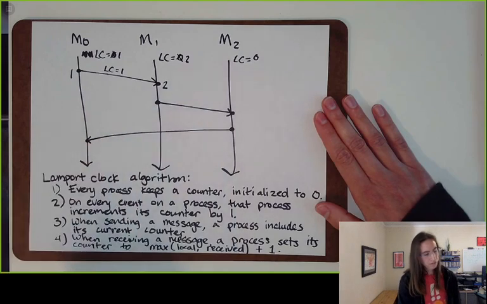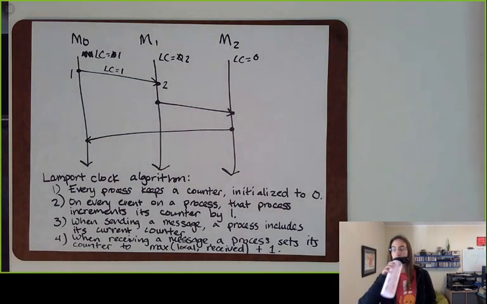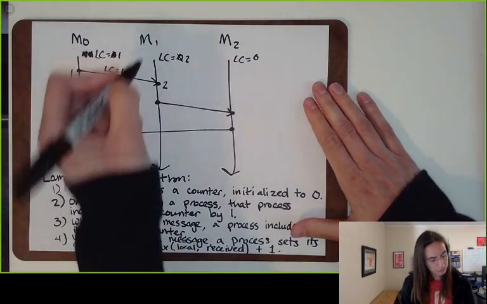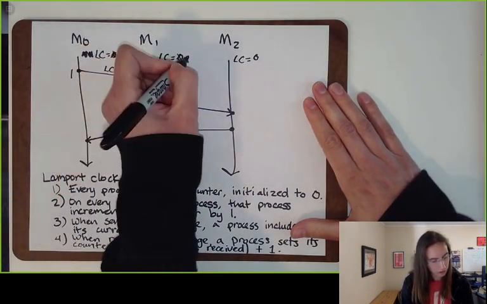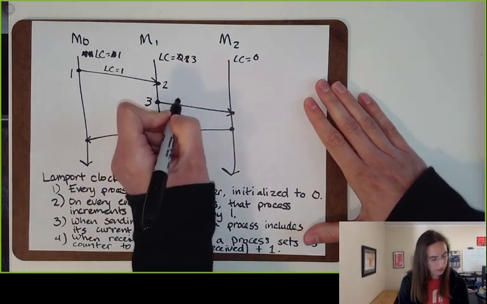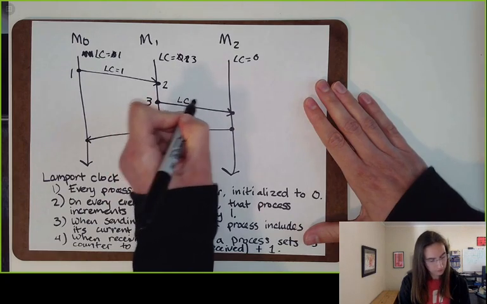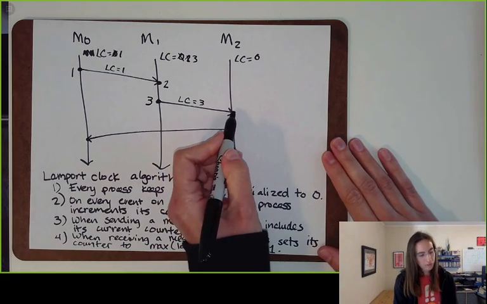What happens here for this next event on M1? Somebody tell me. Yep, so process M1 or machine 1 is going to go to 3. This event gets a Lamport clock value of 3, and that gets sent along. So here, machine 2 gets the message.